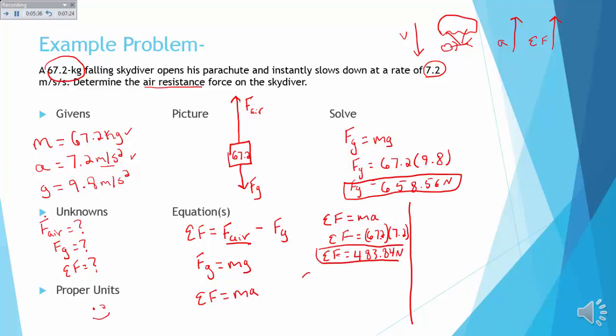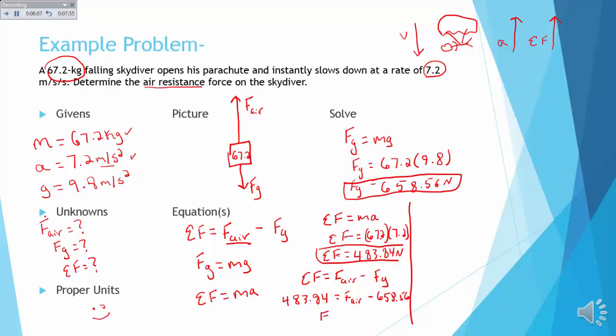Now, using these two things that we just solved, we can now go back to our net force equation and solve for the air resistance. So I'm going to set up my equation once more. And I'm going to plug in the variables that I know. So we have 483.84 is equal to F air minus 658.56.